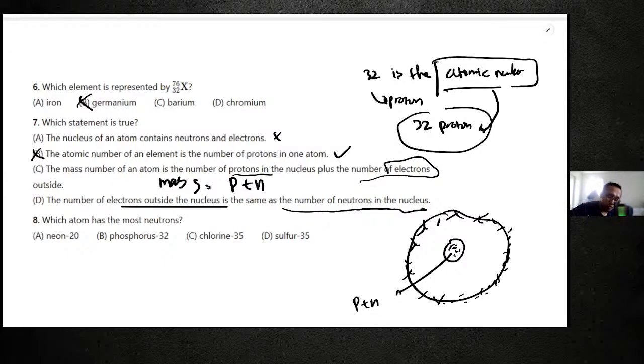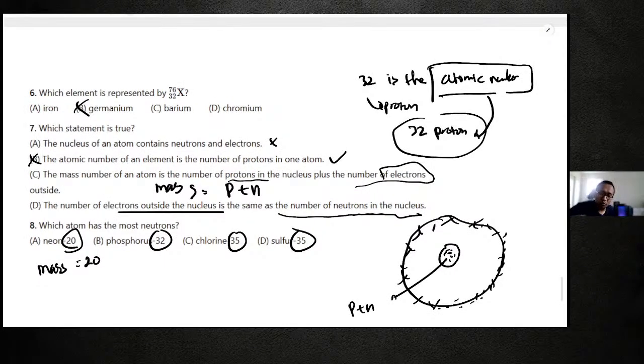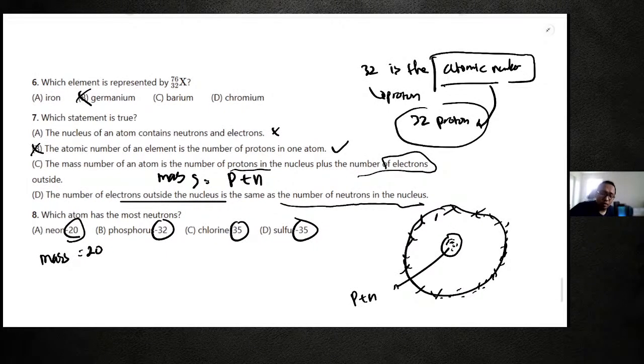Now, neon 20. The 20 here represents the mass. To get the neutron, we need to subtract the atomic number, the proton, from the mass.